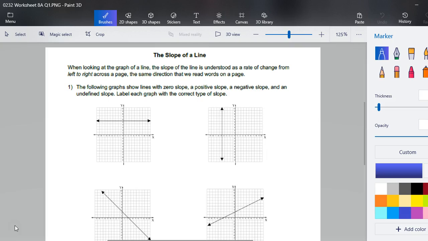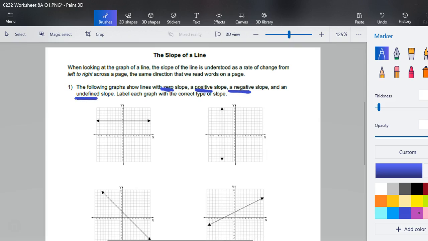On question 1, the following graphs show lines with zero slope, positive slope, negative slope, and an undefined slope. Make sure you're wrapping your brain around that the lines we're about to look at: one has zero slope, another is called positive, another negative, and another undefined.